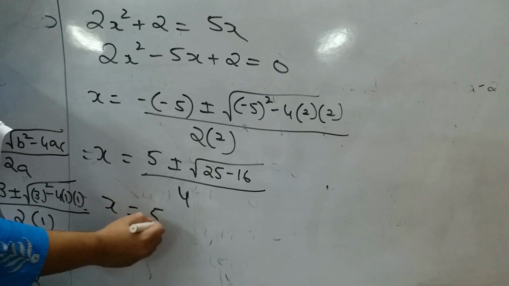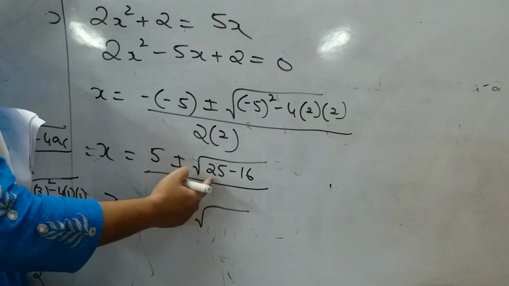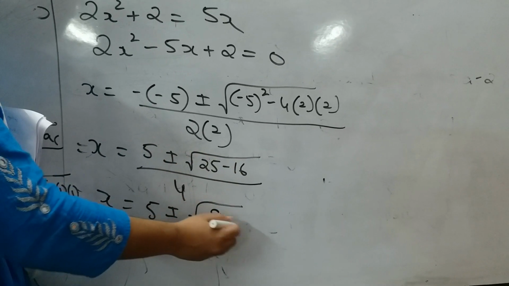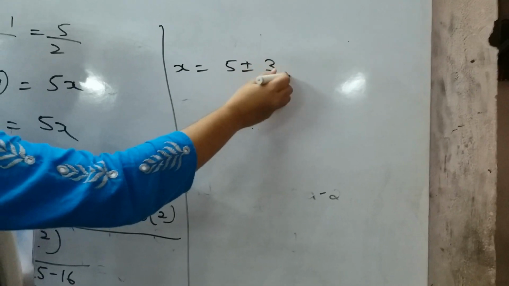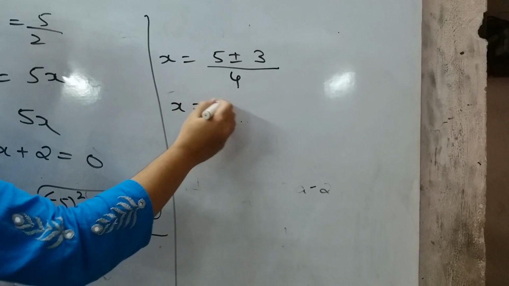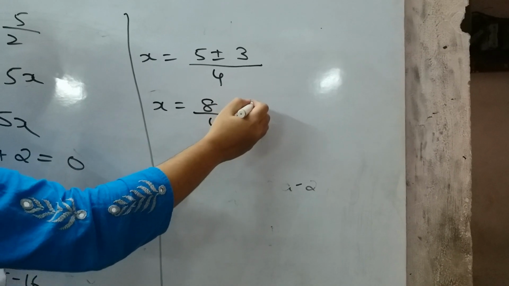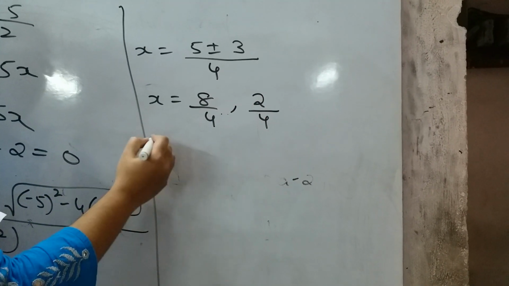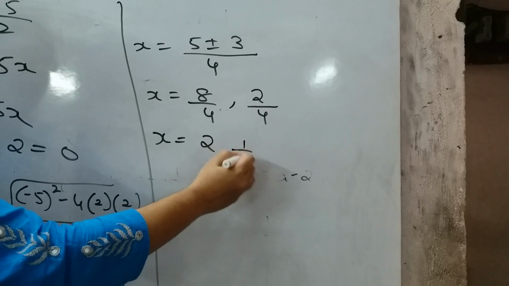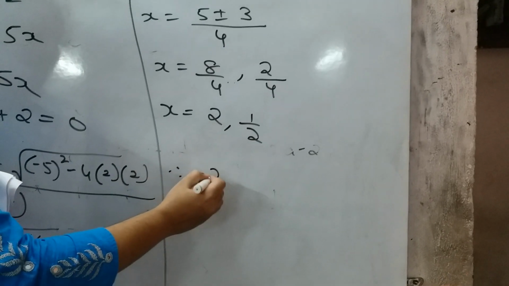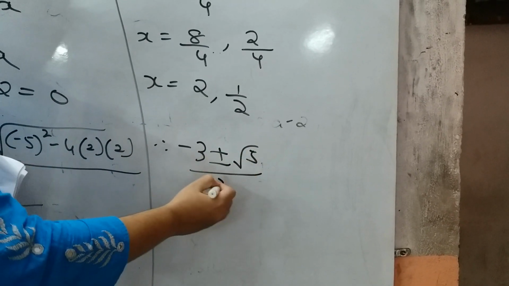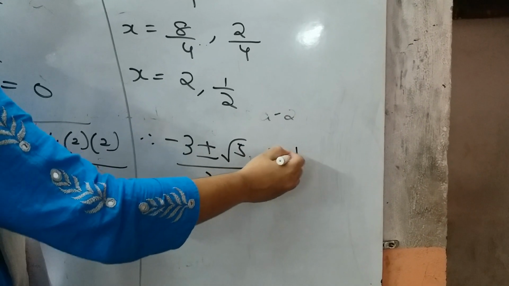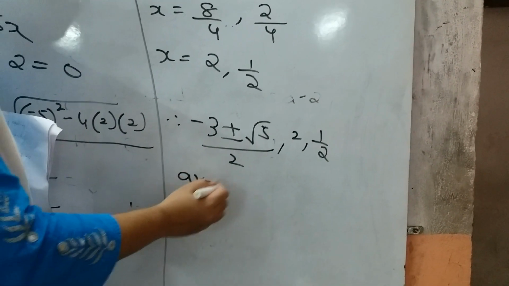X is equal to 5 plus or minus under root of, what do you get here? 25 minus 16, that is 9 by 4, which is nothing but x equal to 5 plus or minus 3 by 4. So x is 8 by 4 comma 2 by 4. So x is 2 comma 1 by 2. Therefore, minus 3 plus or minus root 5 by 2 comma 2 comma 1 by 2 are the roots of the given equation.